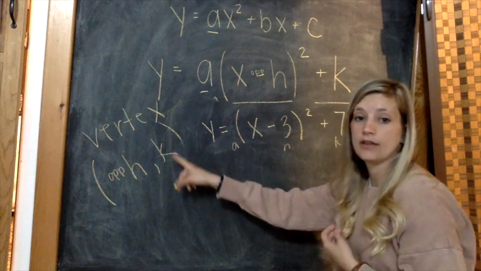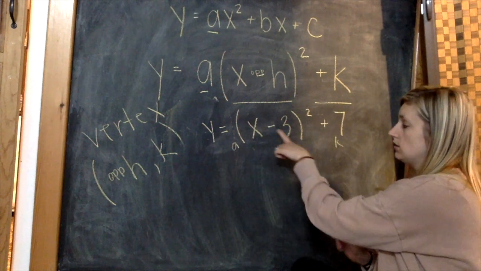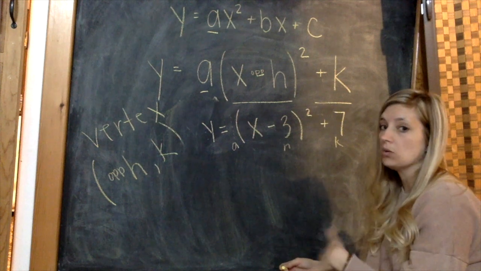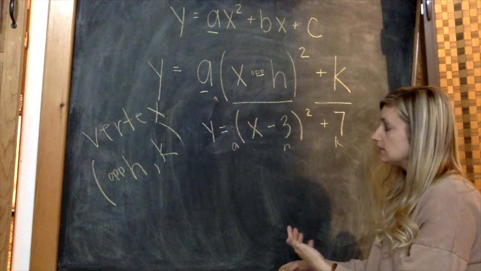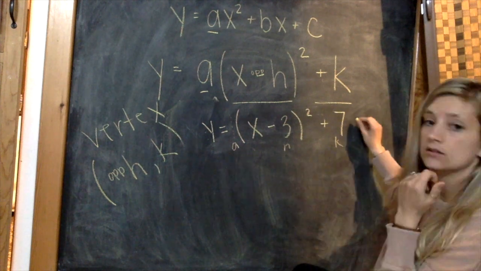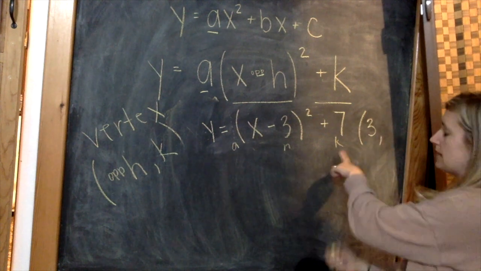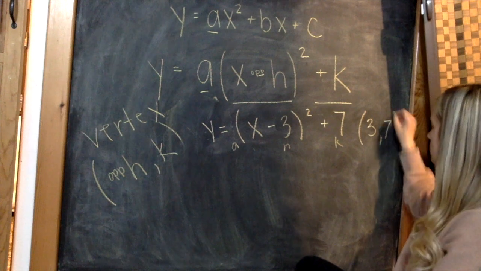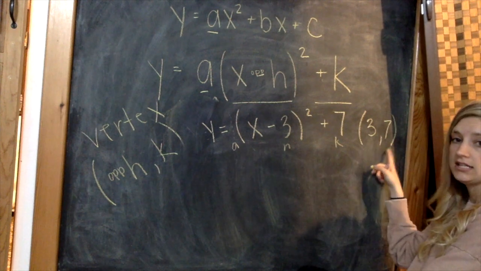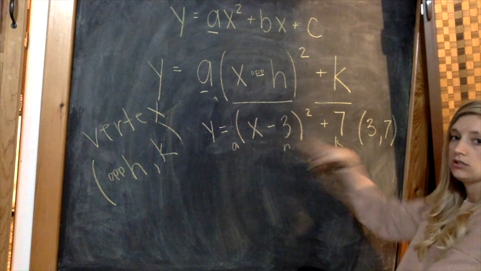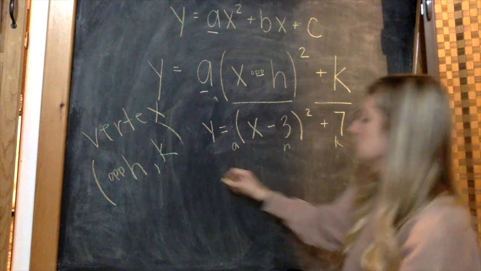Opposite H, K. So my H is negative 3. What's opposite of that? Positive 3. And then my K is 7. So my vertex would be 3, 7. Opposite H, K.